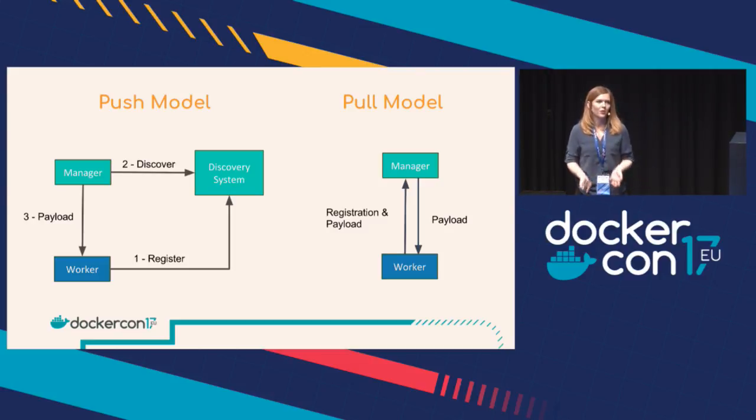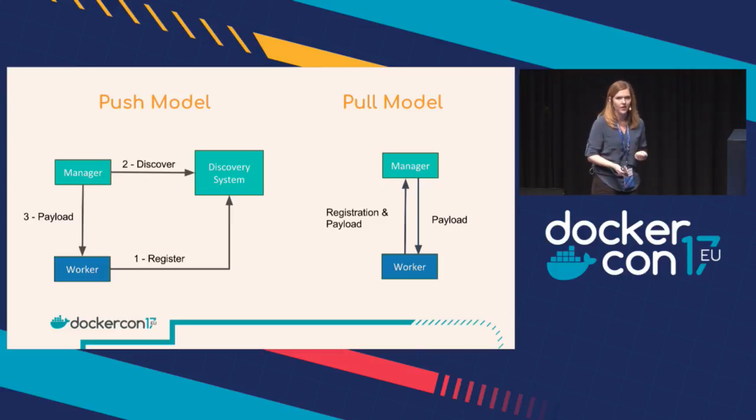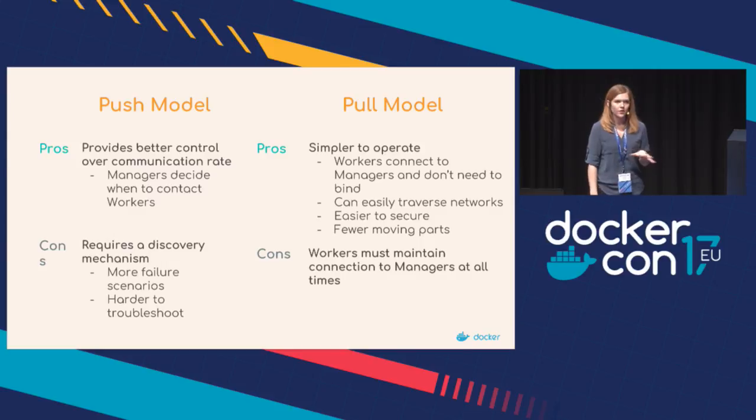The pull model is where the worker initiates the communication. They're sending a registration and payload up to the manager. They're asking for stuff. In most cases, they'll ask for something, and then the manager sends work, or whatever the payload is, back to the worker. These, of course, have pros and cons, and in reality, most orchestration systems and most systems in general use some combination of both for many different situations depending on what the best fit is.